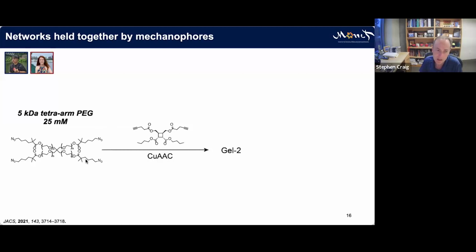coupling reaction. The point being that the end of one branch would react with one of these groups, and the other group would react with the end of another branch and stitch the whole thing together into a network that we now investigate as essentially a gel swollen in propylene carbonate.